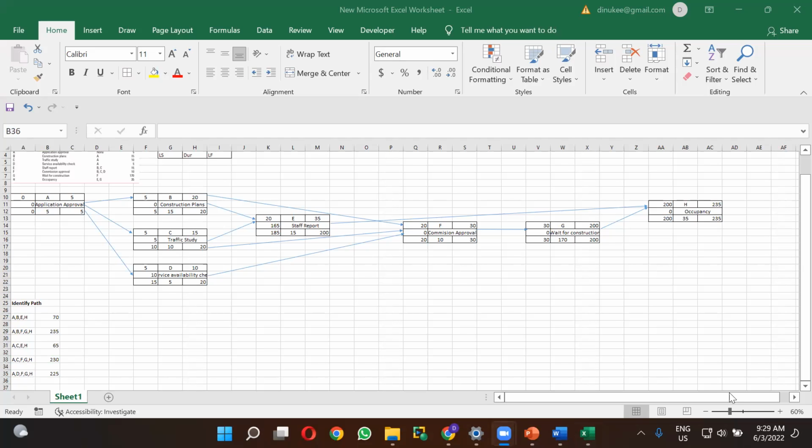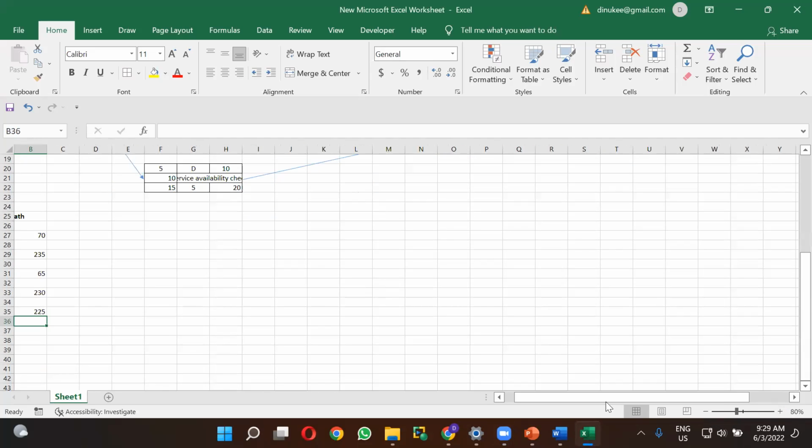So among these parts, you have to now choose what is the critical part. After identifying all these parts and all this duration, you can select the critical part.